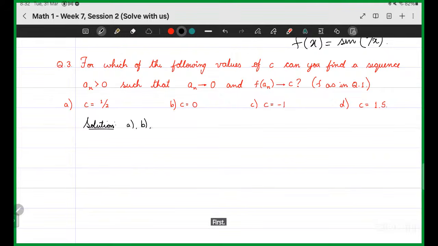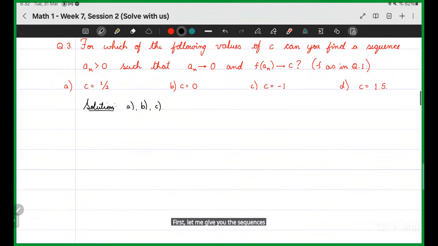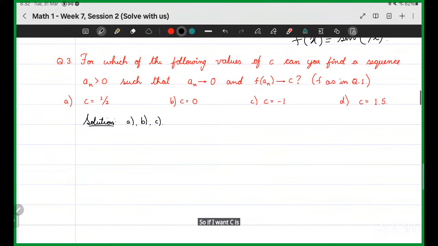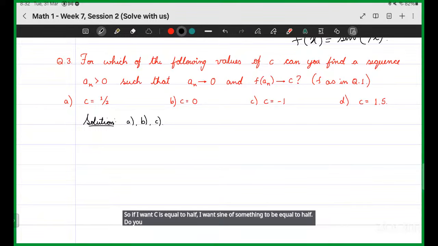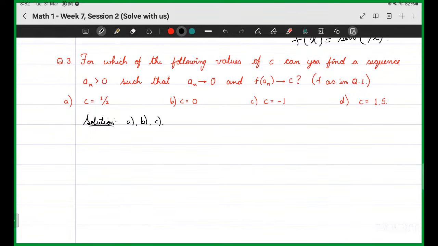First, let me give you the sequences which converge. So if I want C is equal to half, I want sine of something to be equal to half. Do you know of any value for which sine of x is half?